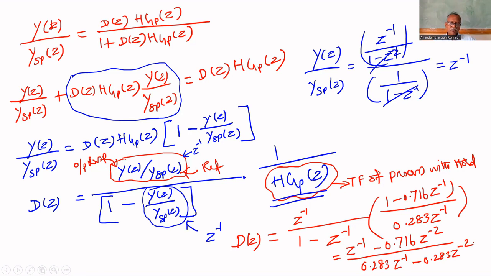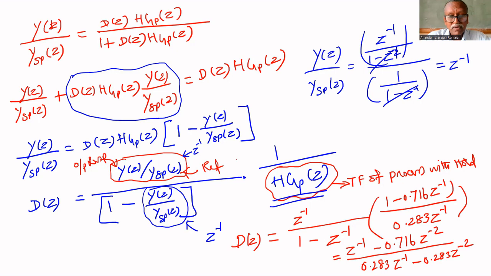If you write this in positive powers, it should be in negative powers. To realize and understand the controller output, it should be in negative powers.